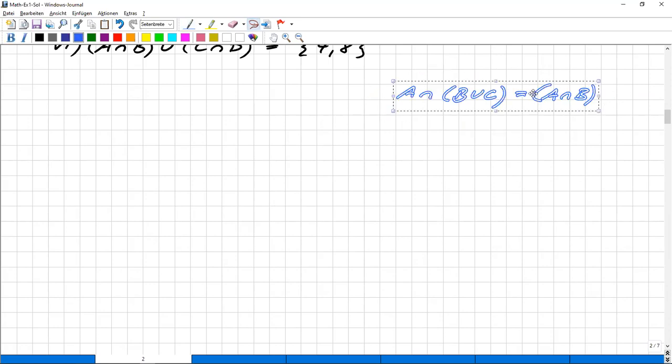Union in brackets A intersect C. So this is very similar to what we are used to do when we remove the brackets in regular algebra, right?